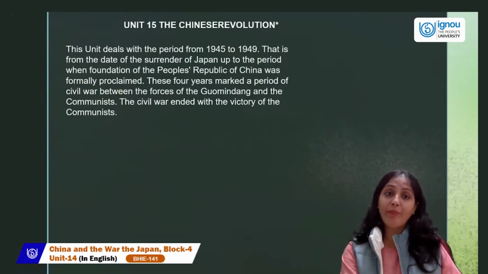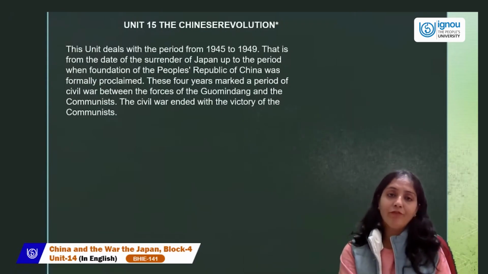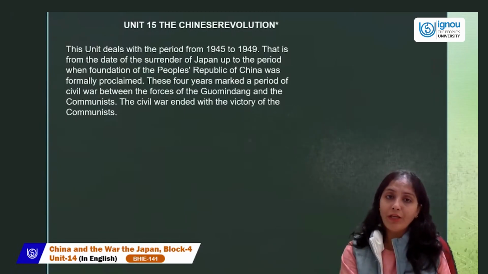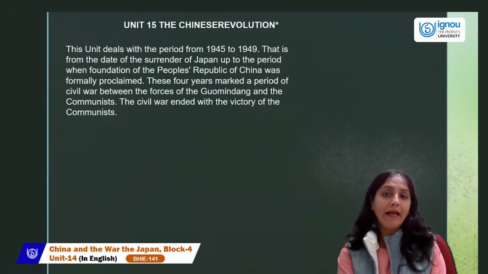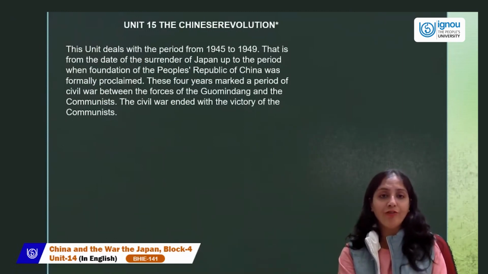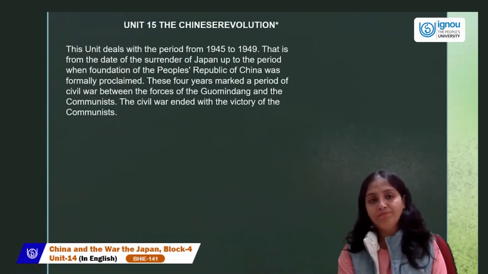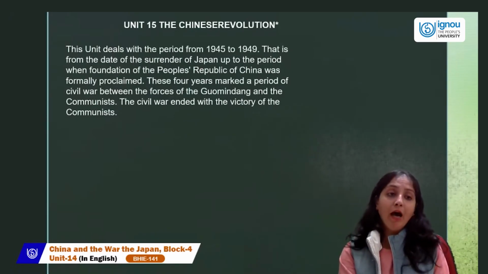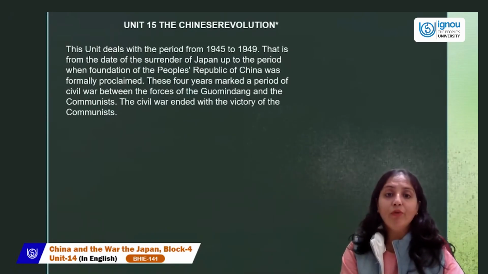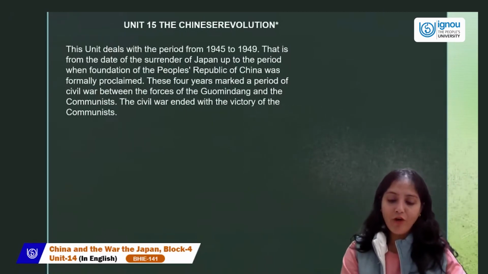This unit deals with the period from 1945 to 1949, from the date of the surrender of Japan, when the Second World War ended in 1945, up to the period when the foundation of the People's Republic of China was formally proclaimed. These 4 years marked a period of civil war between the forces of the Kuomintang and the communists. The civil war ended with the victory of the communists.